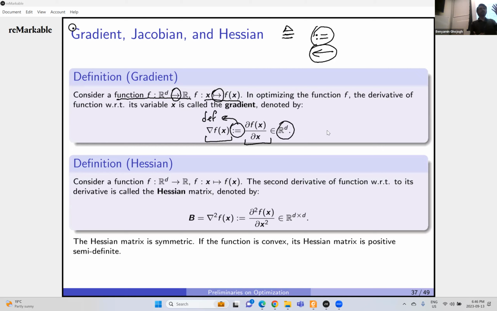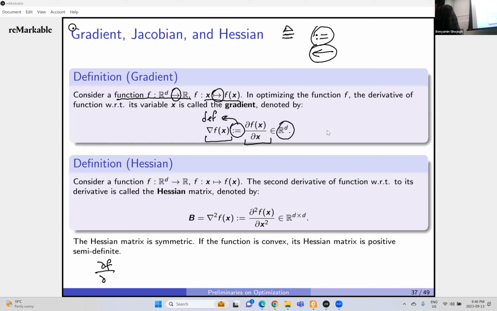The first order derivative of a scalar with respect to a vector becomes a d-dimensional vector. Then I need to take the derivative again. This time I take the derivative of a vector with respect to a vector: a d-dimensional vector with respect to a d-dimensional vector. Therefore, the second order derivative becomes a d by d matrix, actually a square matrix. Did you understand what I'm saying?